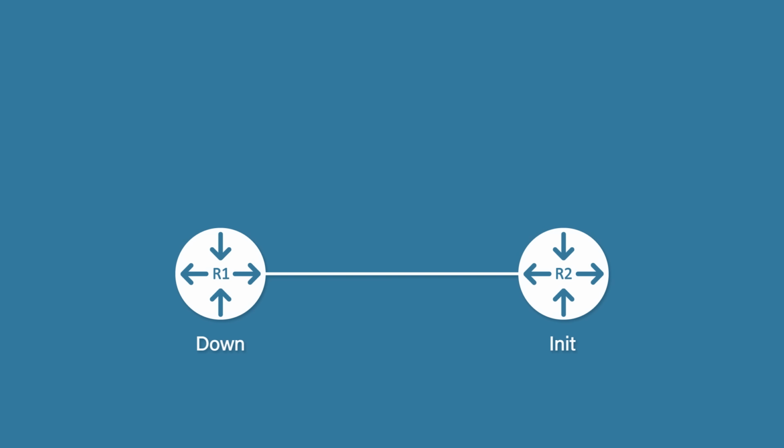This allows router 1 to move to the two-way state. Router 1 then sends yet another hello message, listing router 2 as a known neighbour. This then allows router 2 to enter the two-way state as well. And after all of that, we now have two neighbouring routers.